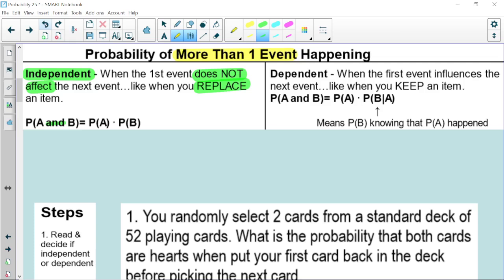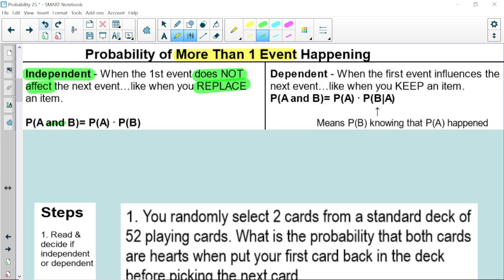When we're doing one event, in our notes from Wednesday and our practice yesterday, when we said A and B, we were looking to see does that one event meet both requirements at the same time, like picking a 7 and a spade. Well, there's only one card that is a 7 and a spade, and it's the 7 of spades. But we're only doing one event there. So with two events, "and" is two separate events happening.